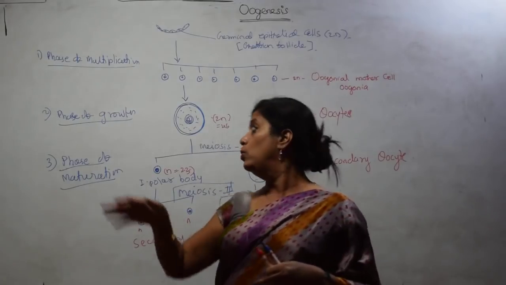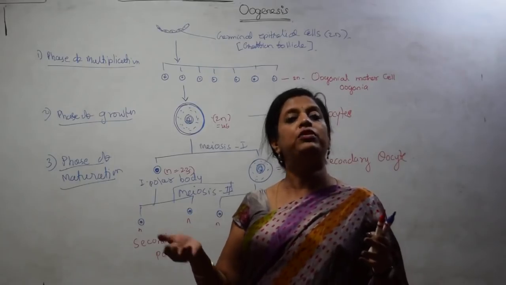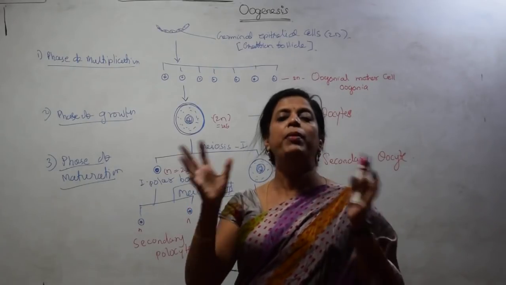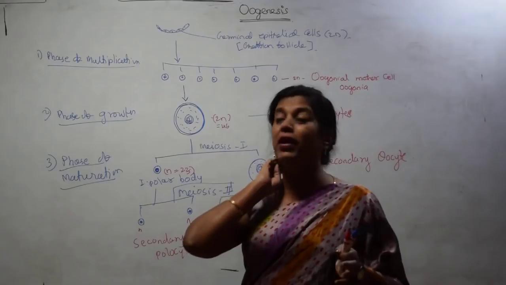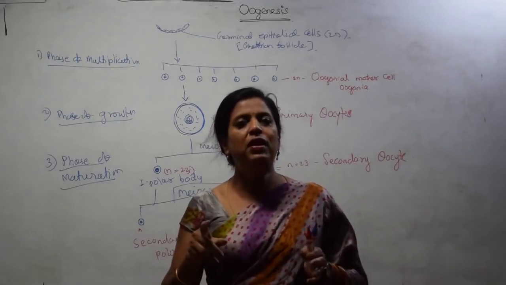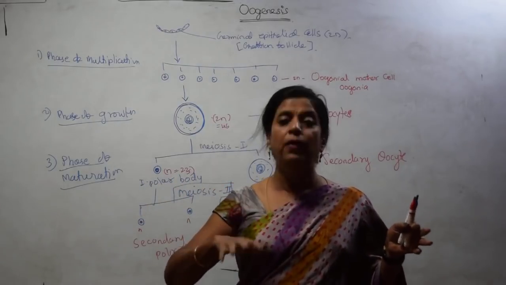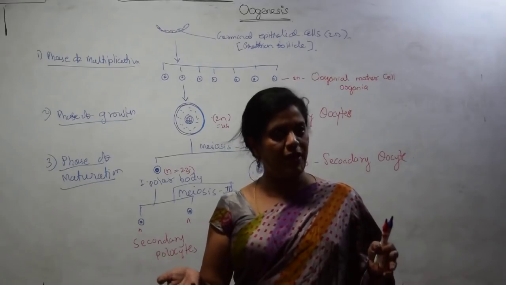Now it undergoes the growth phase. There is an enormous increase in the size of the oogonial mother cell, forming a large cell which is called the primary oocyte. But as I told you, this is not too much of an increase in humans because they undergo internal fertilization.